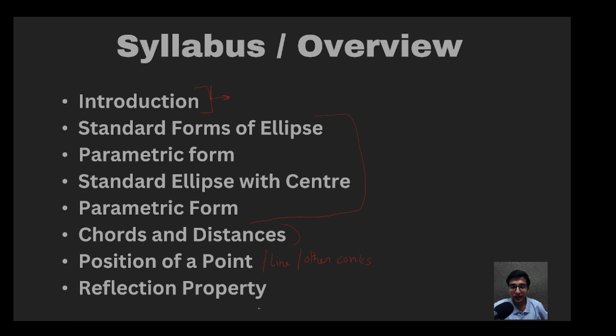And then we will look at a new property of ellipse, which is the reflection property. Earlier, as I had also mentioned in parabola, there used to be topics such as tangent and normal as well. However, those have been removed from the JEE Mains syllabus this year.